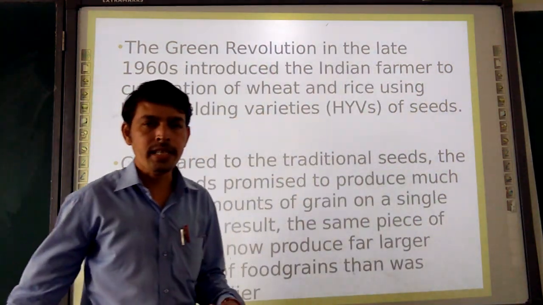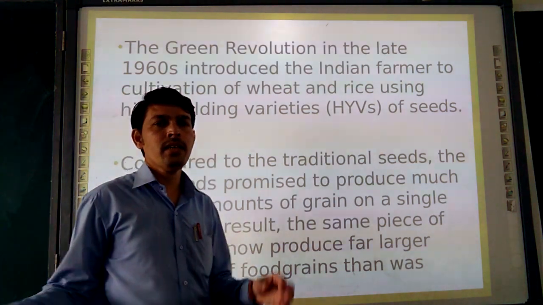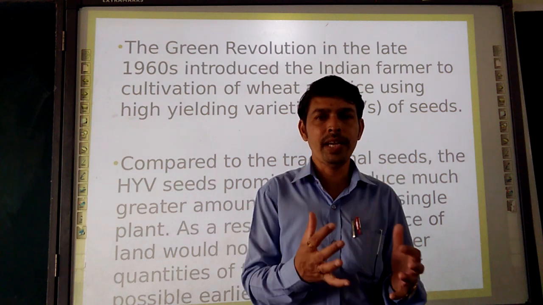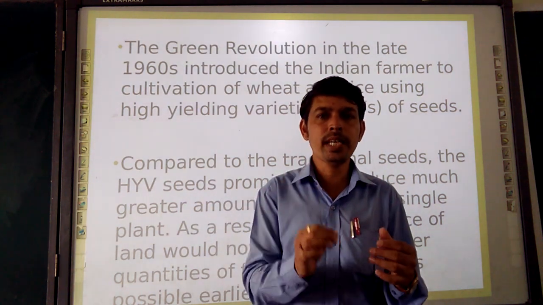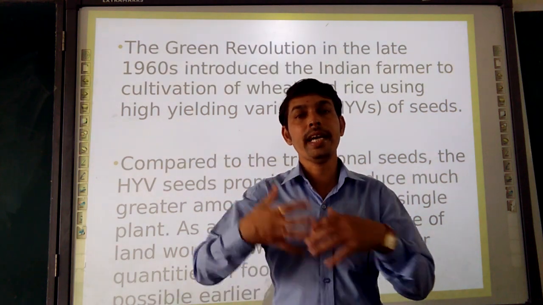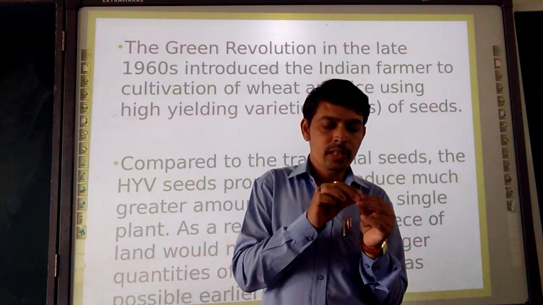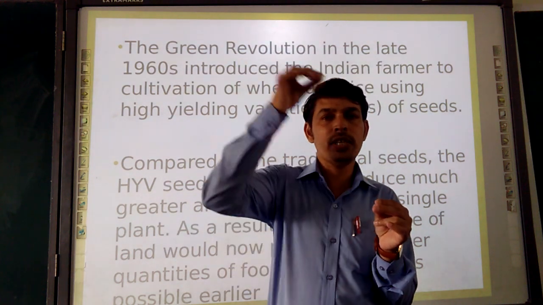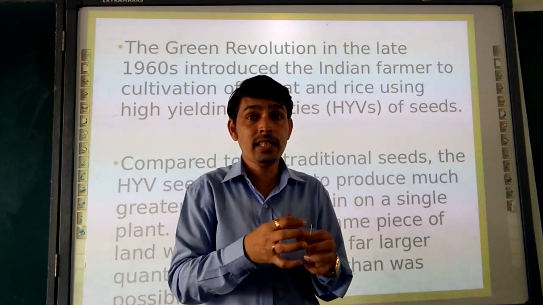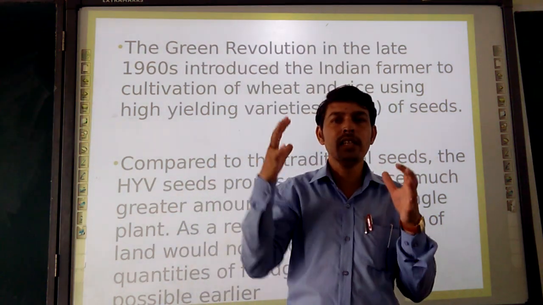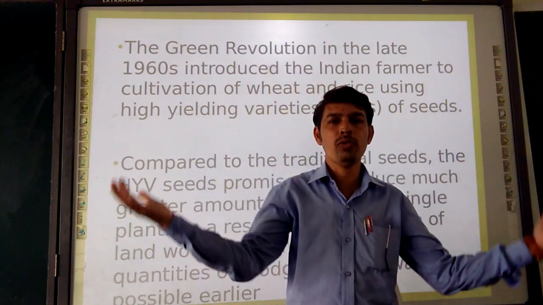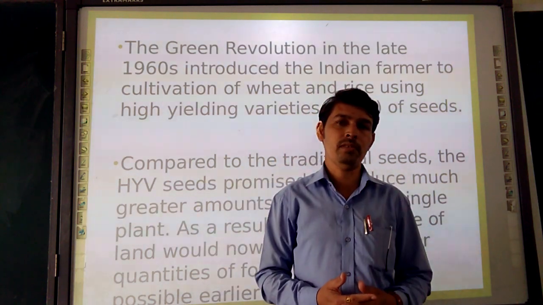For example, in 1 bigha, the farmer used to harvest 2 quintals of wheat. By using HYV seeds, the farmer is now able to produce 8 quintals. So there is a gap, and that gap is very high. The farmer is in a very beneficial situation with a large amount of food grain production.